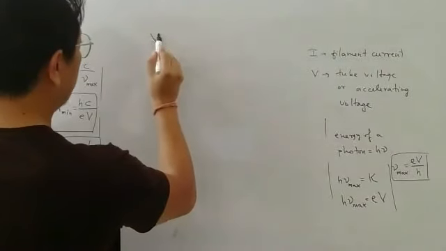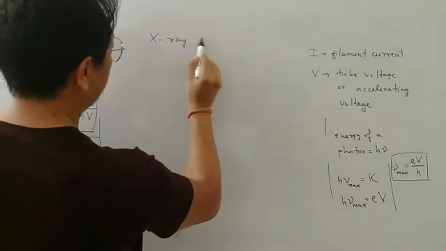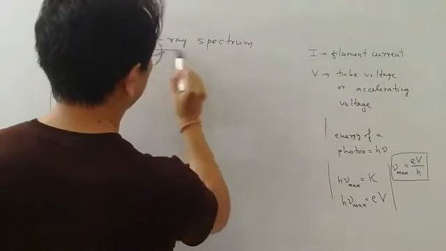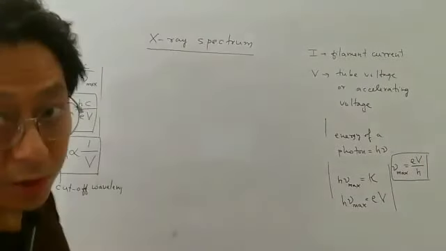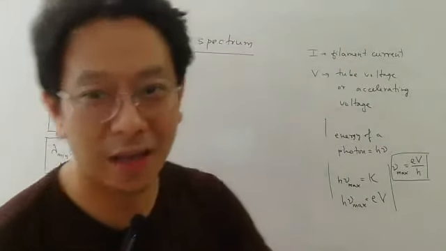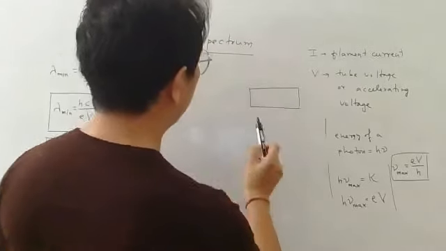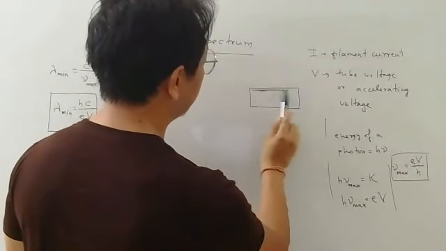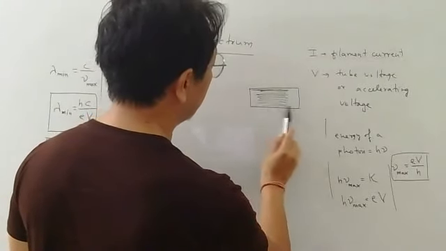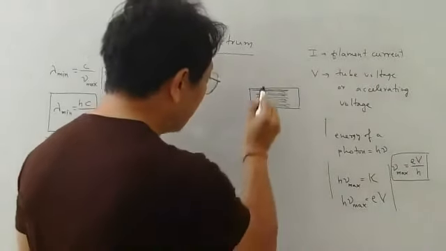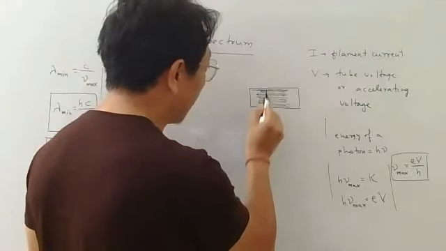So, the X-ray spectrum. Now if it was visible to your eyes, it would have looked like this. The screen will be full bright, and at some particular regions it will be very bright.